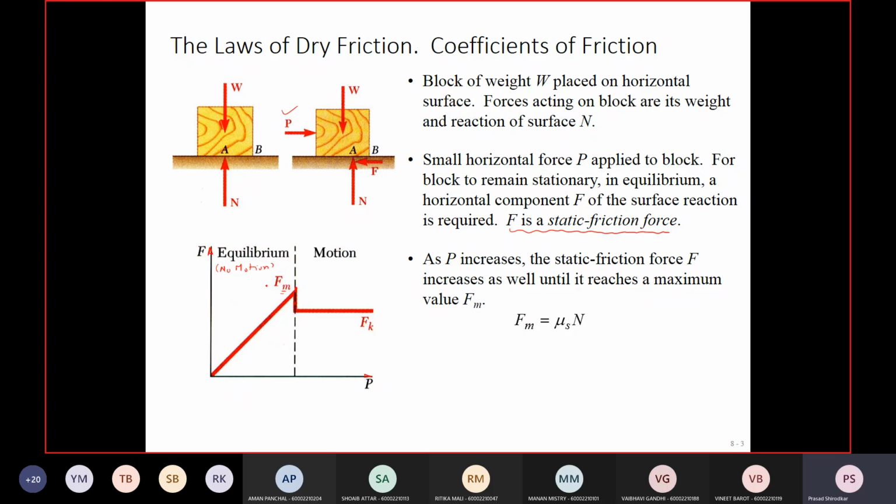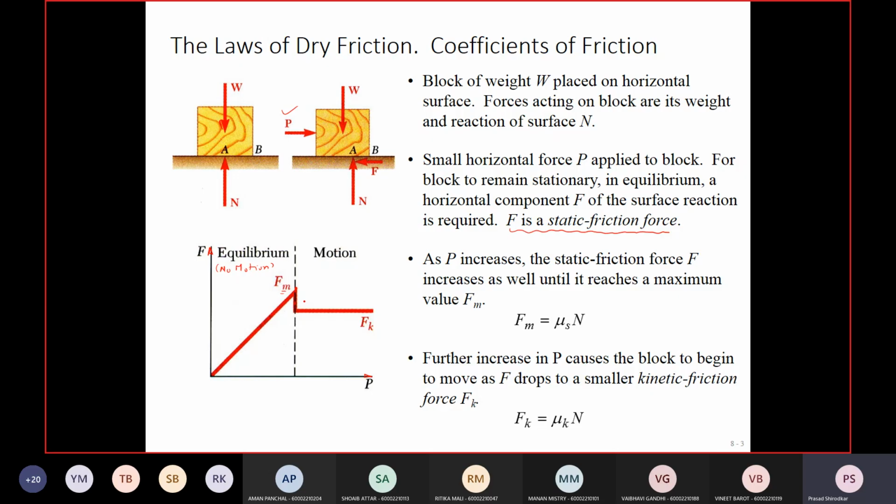The moment the applied force exceeds this value Fm, the system starts to move, and the frictional force drops to a smaller value, which is called kinetic friction.